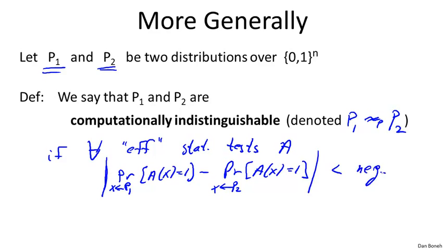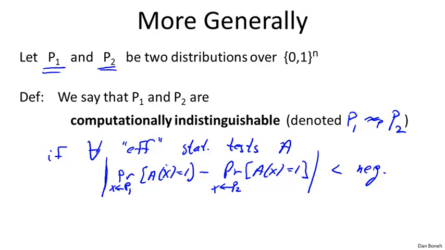And this has to be true for all efficient statistical tests. If this is the case, then A's advantage in distinguishing the two distributions is negligible, and if that's true for all efficient statistical tests, then we say that the two distributions are computationally indistinguishable, because an efficient algorithm cannot distinguish them.